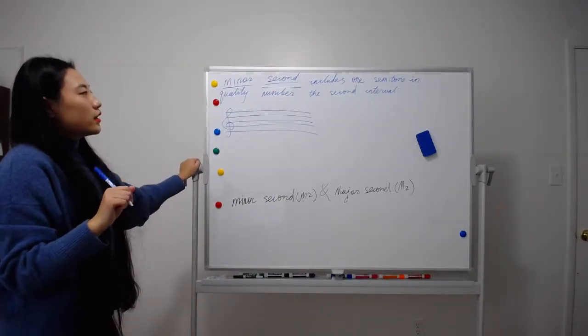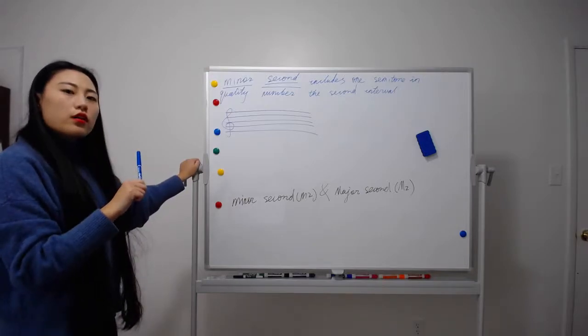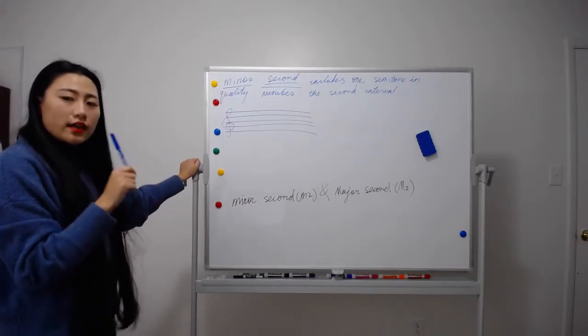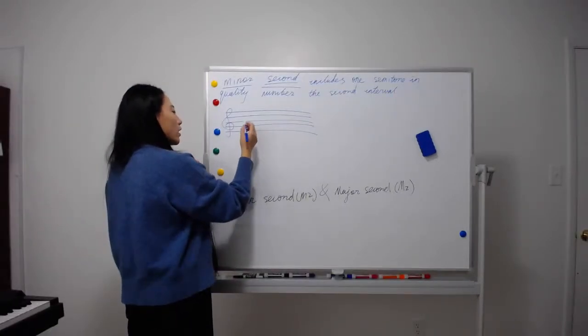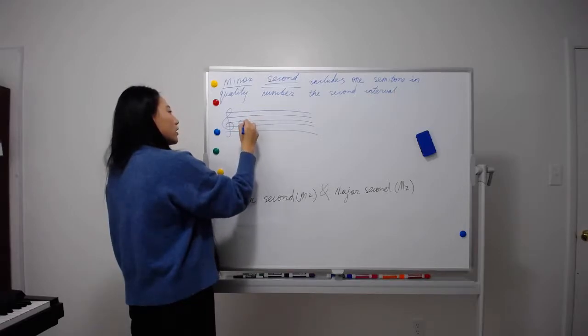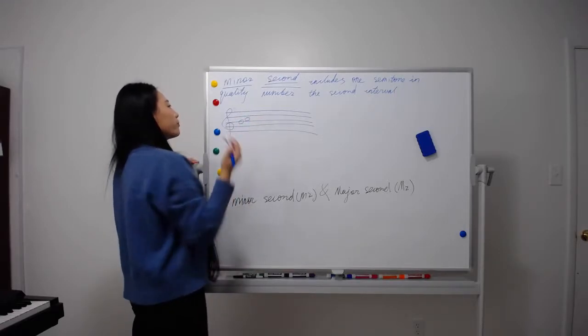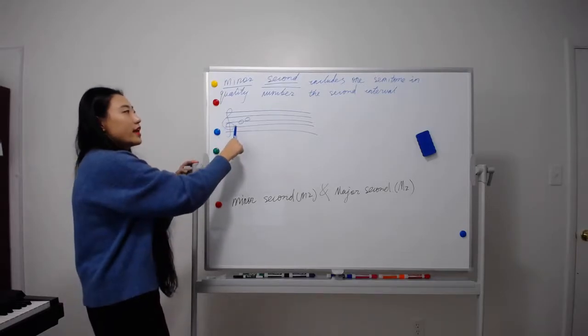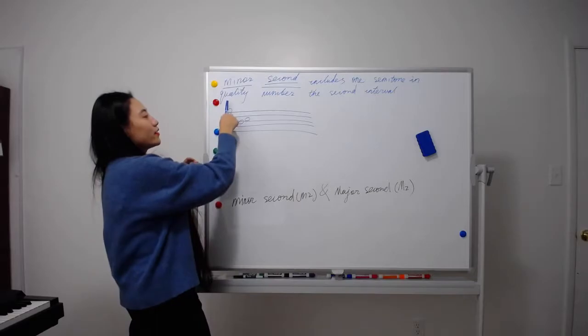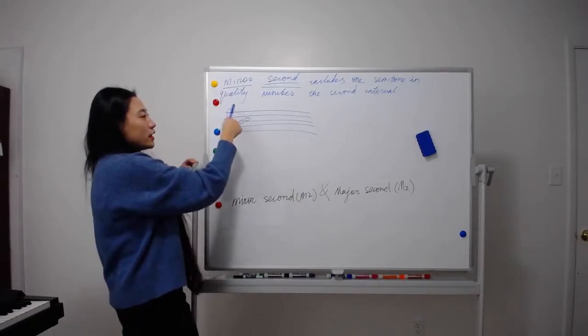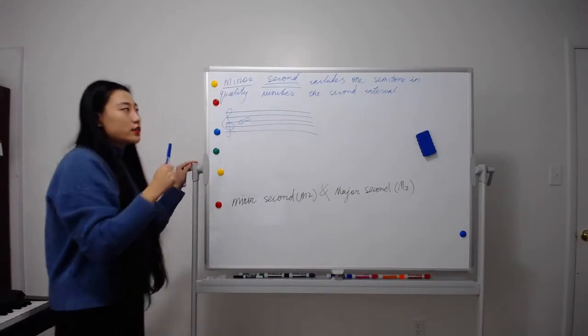First, let's see the number of this interval is second, right? So we need to count 1, 2. This is the number of this interval. And now let's talk about the quality of this interval. It's the minor, right?